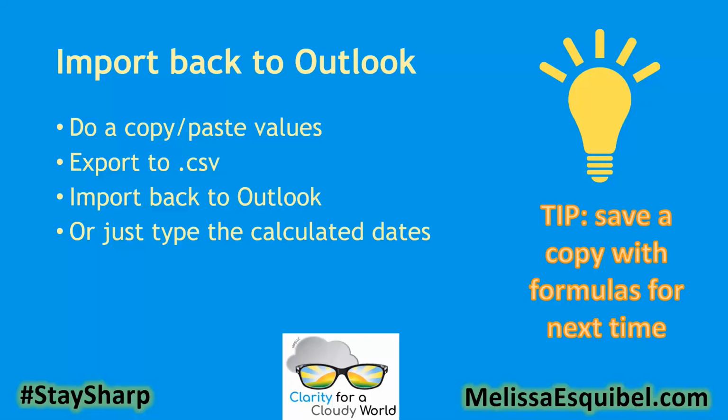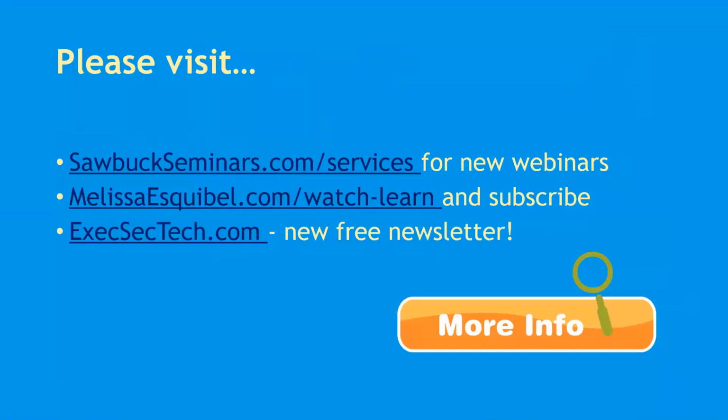You can choose not to do all the Excel fancy formulas. You can just type the dates in. Still probably worth hanging on to that Excel file because it's very easy to work and move things around in Excel because you're just moving a line of data and then importing it back to Outlook clean and exactly the way you wanted to see it.